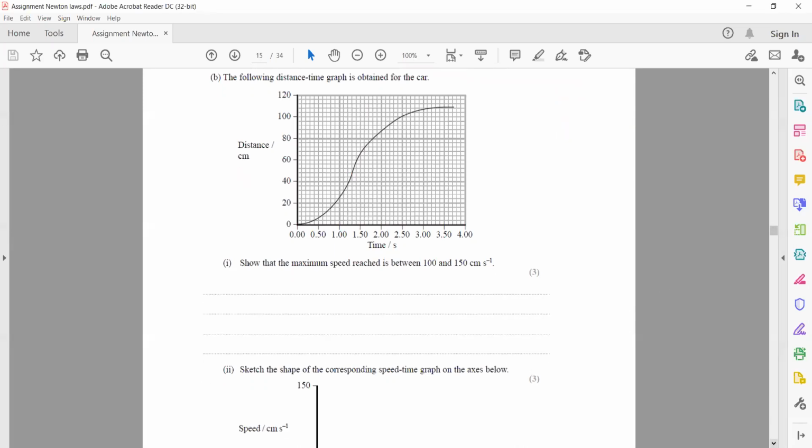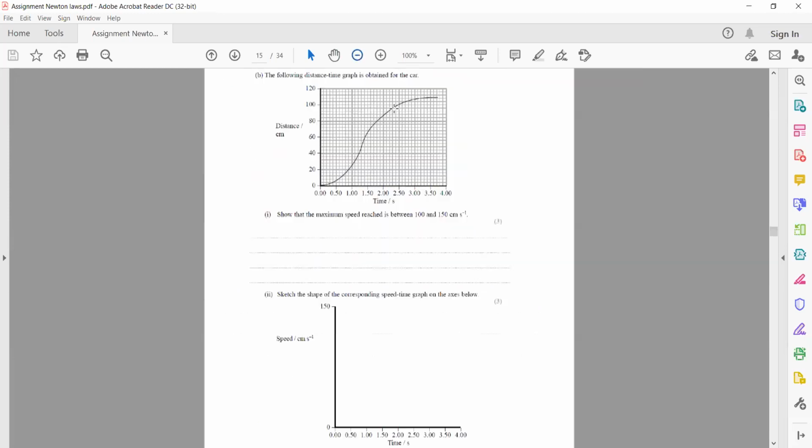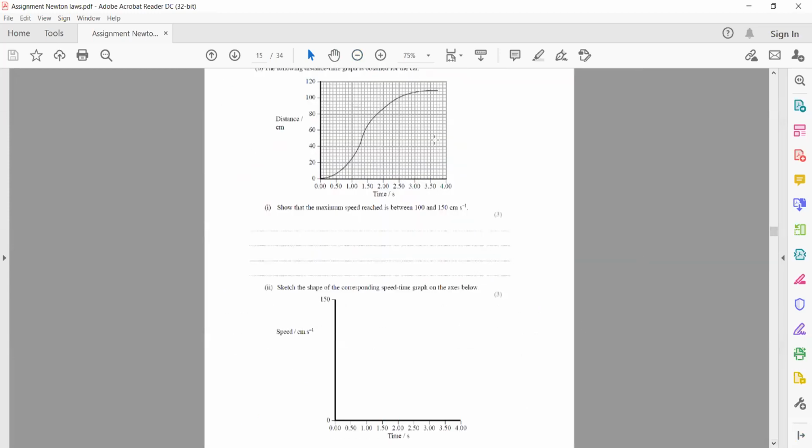So we have a distance time graph and we have to sketch a speed time graph. As we know, for a distance time graph, the slope represents the speed or velocity. So first we have to check the pattern, the trend. What is happening? The slope is increasing till this point.